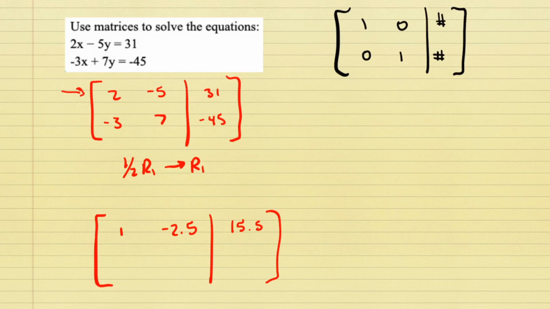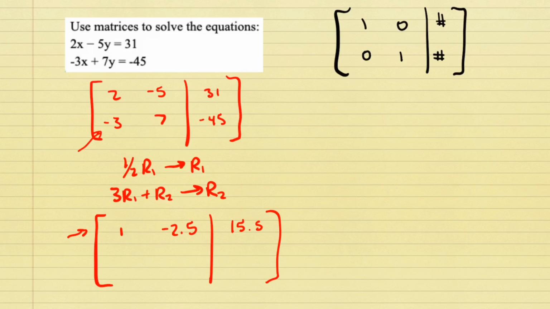Now the next thing I want to do is make this number a 0. I'm using my new row 1, the one we just replaced, so keep that in mind. I'm going to take it times 3 and add it to row 2 and replace row 2.